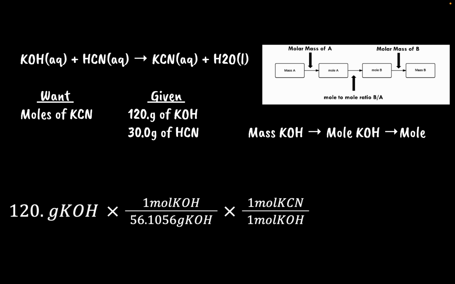Okay, this would be the finished equation. Now we need to plug it into our calculators to find the moles of KCN. Okay, so we should have gotten 2.14 moles of KCN after accounting for significant figures. Now that we have finished the first map, we'll move on to the second.